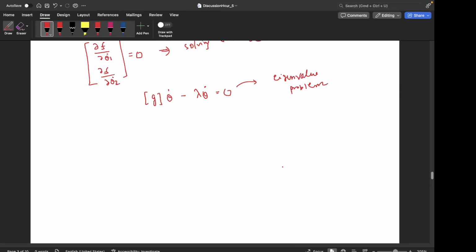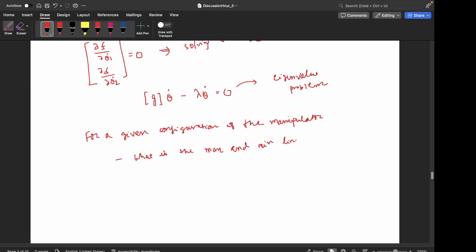So the intuition here is that for a given configuration of the manipulator, what is the maximum and minimum linear velocity of the end effector, and what directions do they occur in?